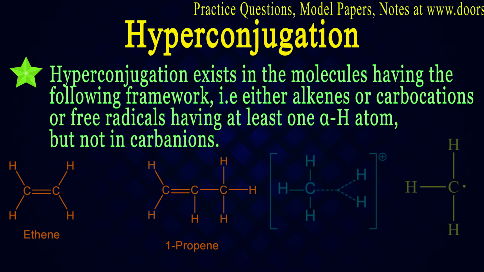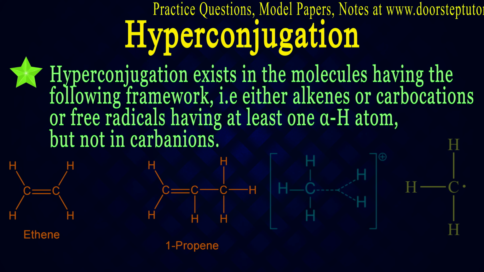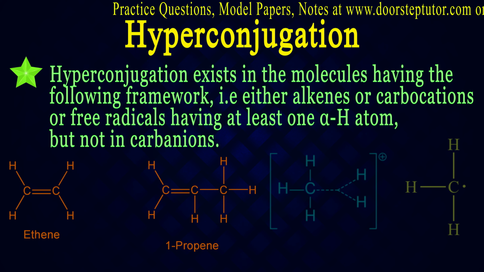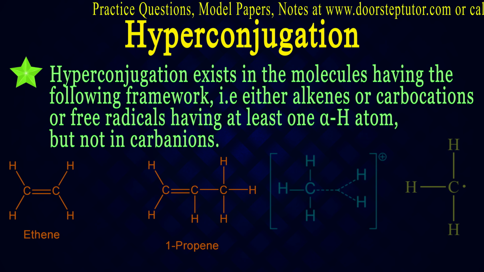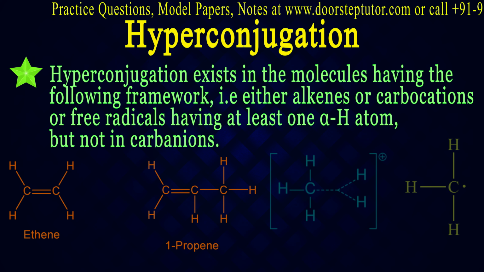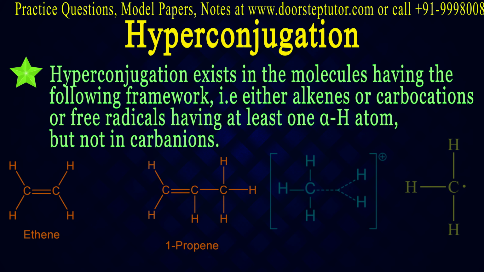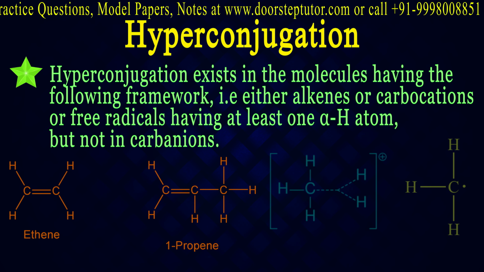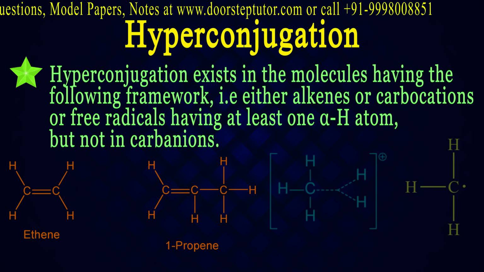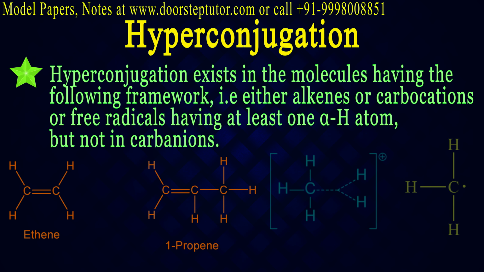Even if they do not have any alpha hydrogen, they will show hyperconjugation, so an alpha H atom is not necessary for carbanions. Here you can see the structure of alkenes, ethene and propene. The middle structure shows the carbocation, and the third structure shows the free radical.